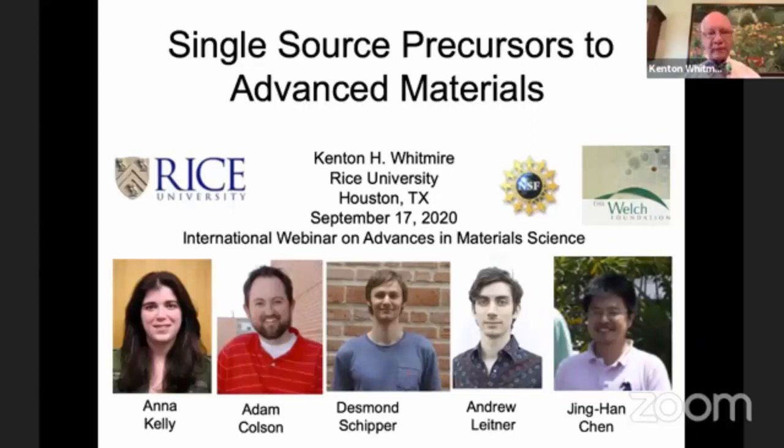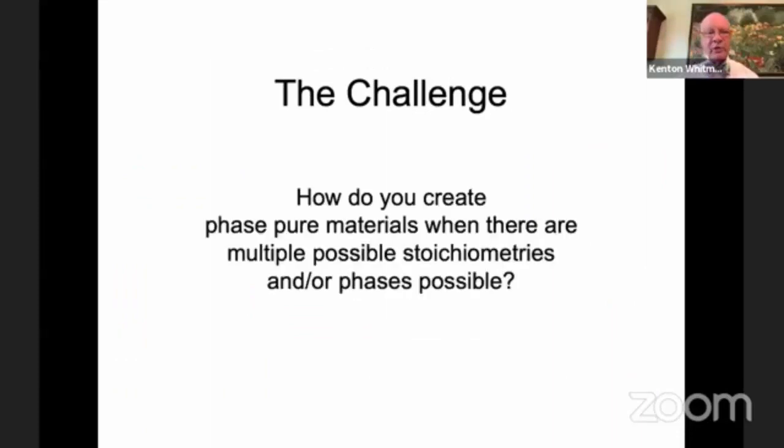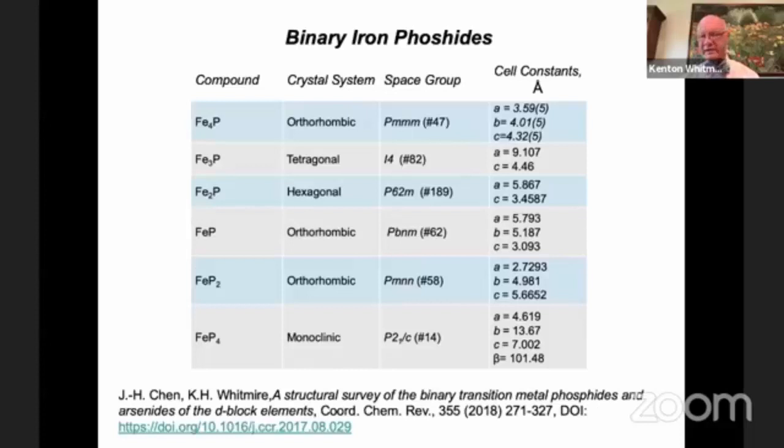So what is the issue? The challenge is, to put it quite simply, how do you create phase pure materials when there are multiple possible stoichiometries and or phases possible? To give you an example of that, I'm going to put up the iron system.